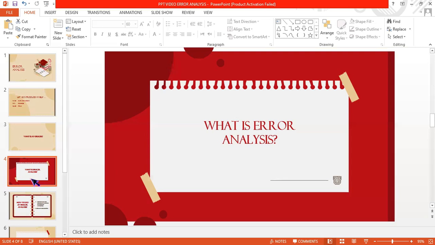An error analysis should focus on errors that are systematic violations of patterns in the input to which the learners have been exposed. Such errors tell us something about the learner's interlanguage, or underlying knowledge of the rules of the language being learned. Corder, 1981.